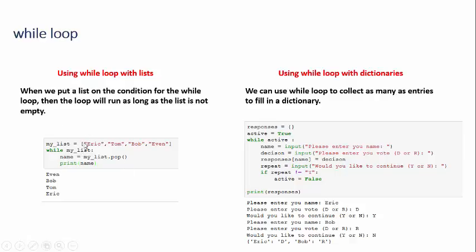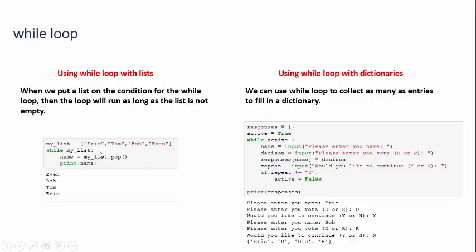Whenever my list becomes empty, the while loop is going to stop. So make sure within the body of your while loop you have some mechanism to make my list empty.